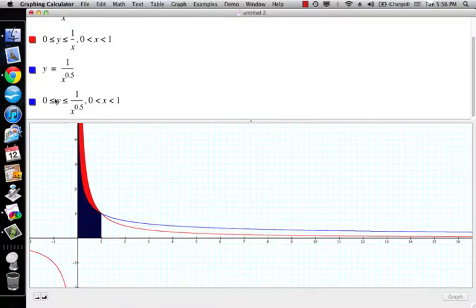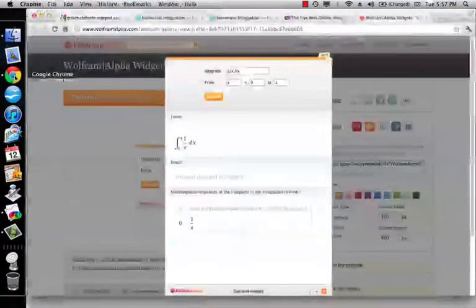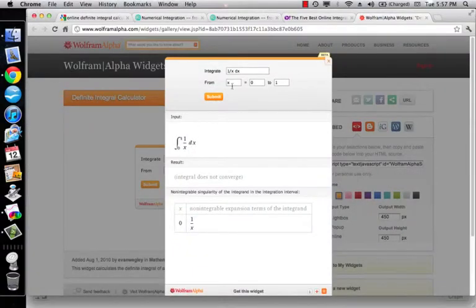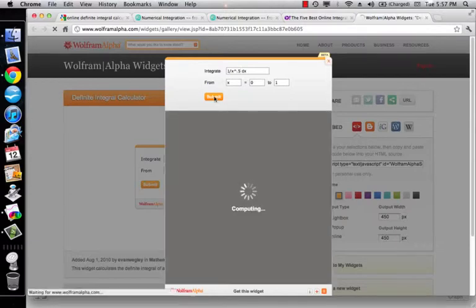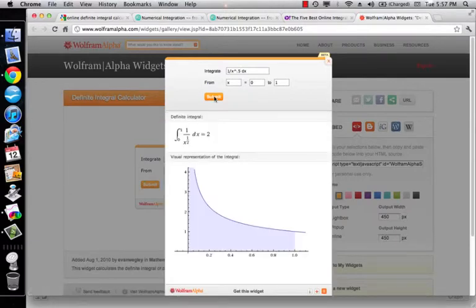So this is still improper because if I plug in 0 for x, I get 1 over the square root of 0, which is undefined. But if I go over to Wolfram and change that to the 0.5 and submit it, it computes and says that the answer is 2.